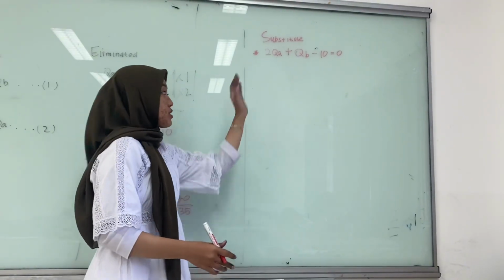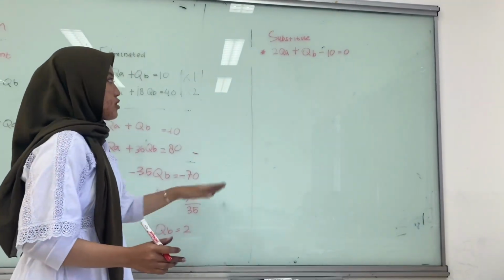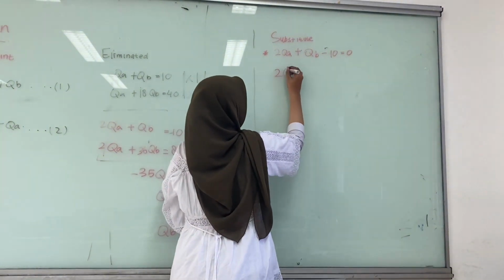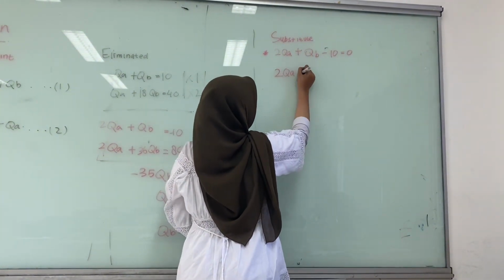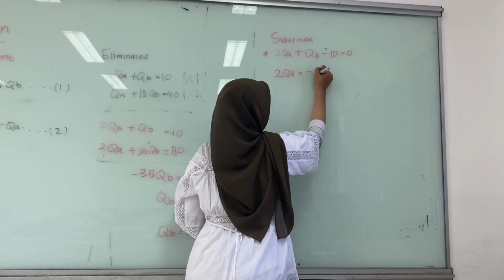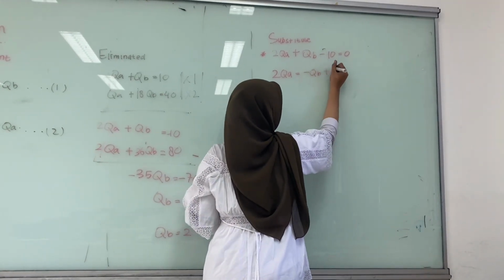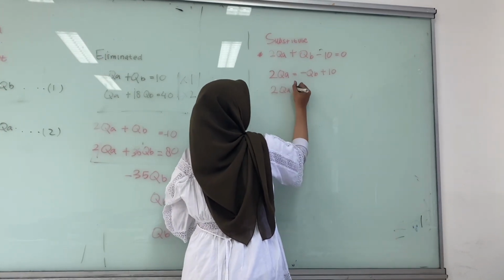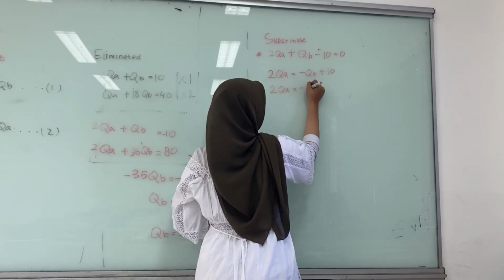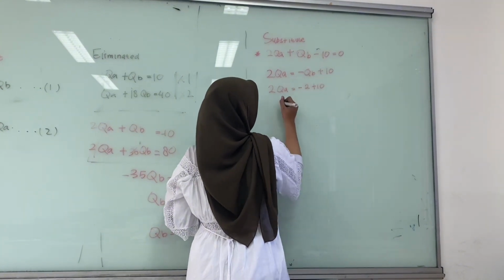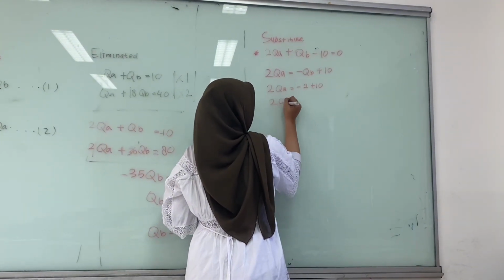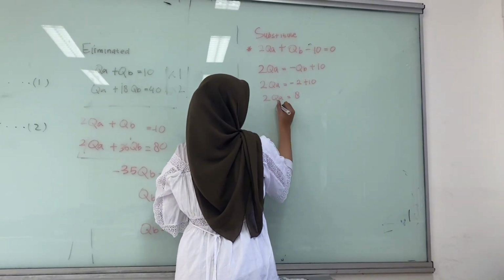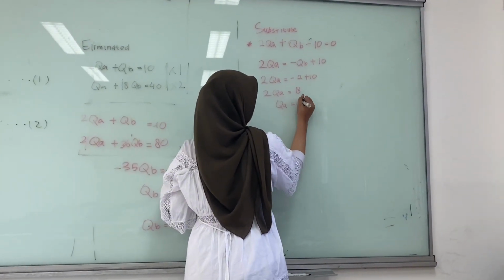Next, we substitute the QB into the first equation. We find that 2QA equals minus QB plus 10, or 2QA is equal to minus 2 plus 10, 2QA is equal to 8 and QA is 4.